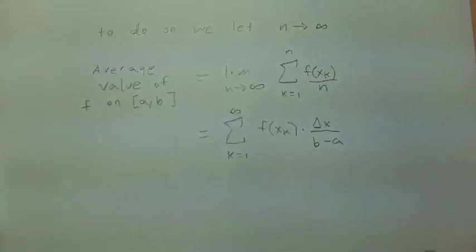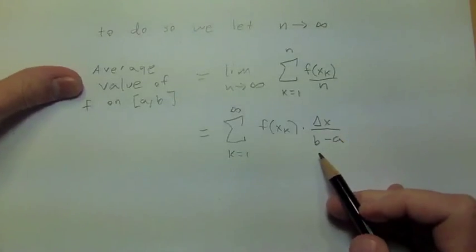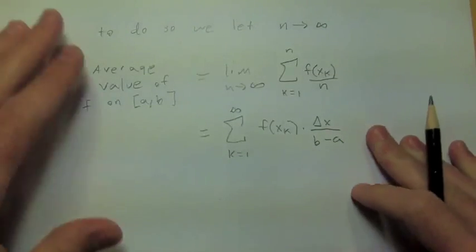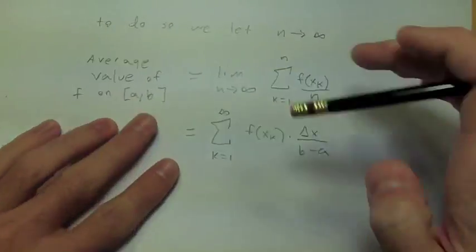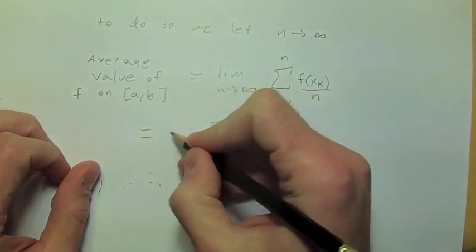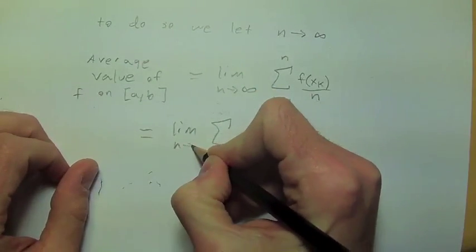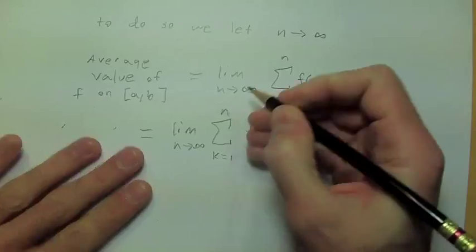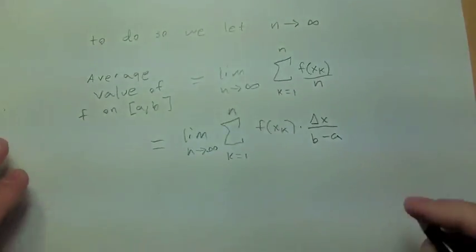Okay, so what we really have here, and actually let me rewrite this with the limit right now, just so I can make this step more clear. I still have the n's.